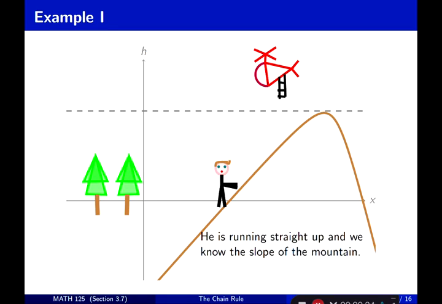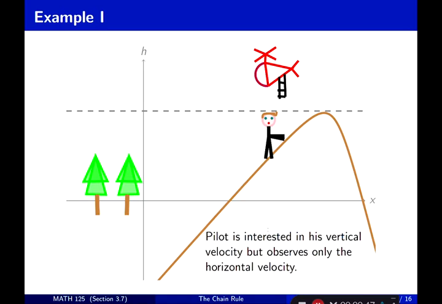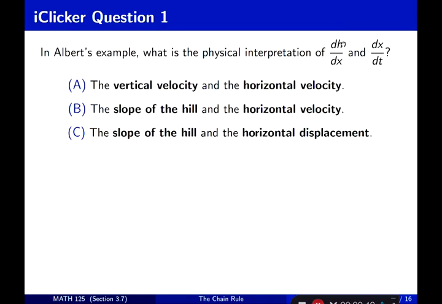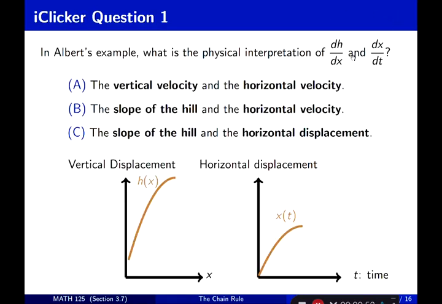But Pilot would multiply the horizontal velocity by the slope of the hill to get the vertical velocity. And that was what we discussed over here as well.